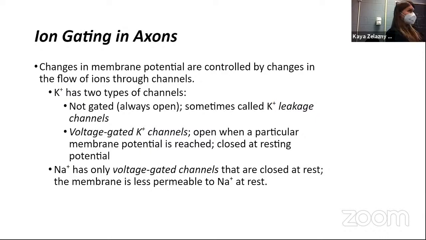So we have the leak channel that we've been thinking about as maintaining our resting membrane potential, keeping us at -70. Those aren't gated. They really can't open or shut. What we care about for our leak channels is just how many of them there are, specifically that we have lots of them for potassium.